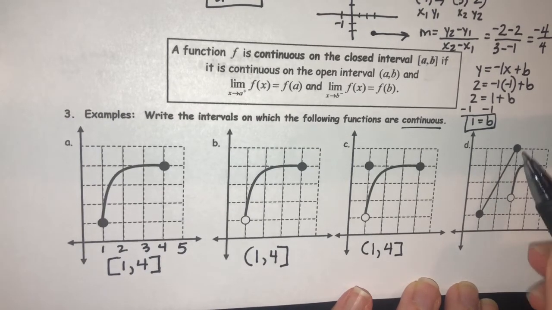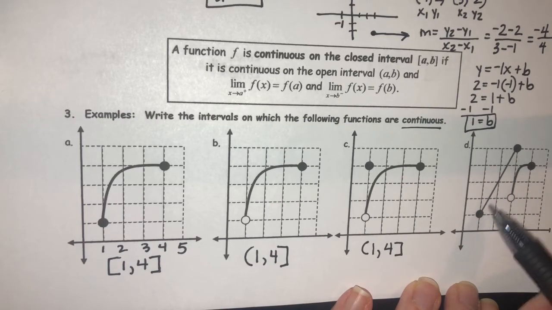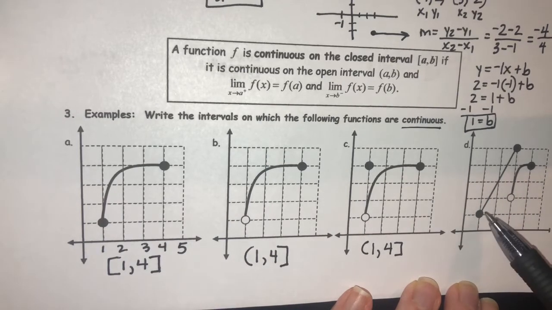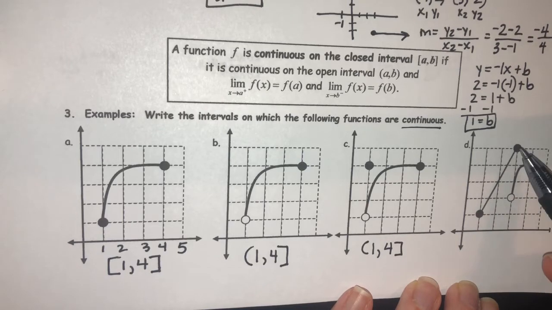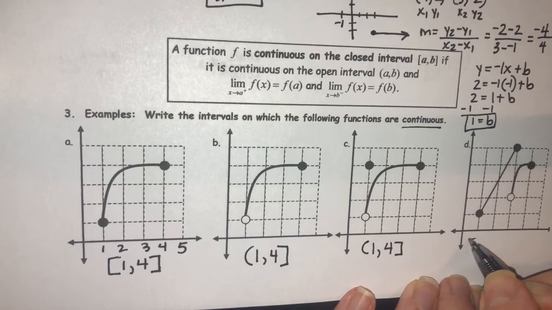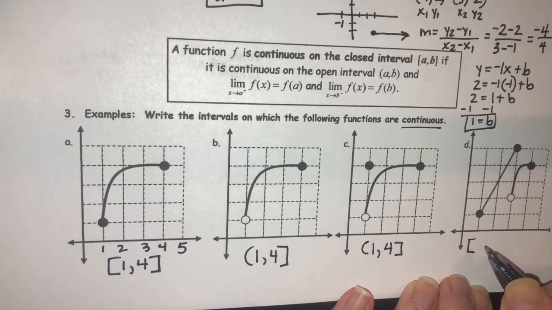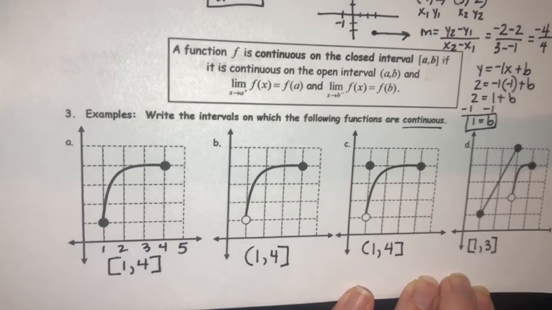So this graph is a piecewise function. The first one is kind of like A. It looks like it's connected at both endpoints right to where the graph was going. So I'm going to say closed bracket at 1, and that goes to 2, 3, and it's closed there also.